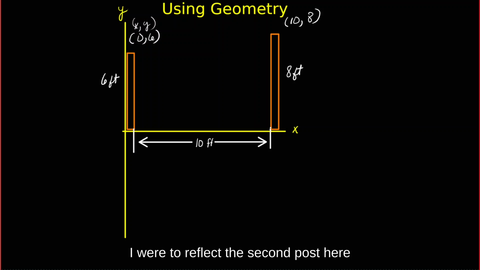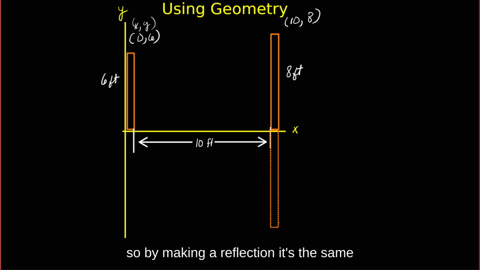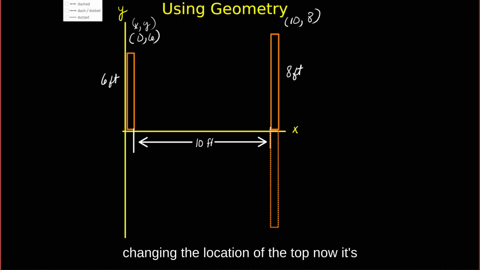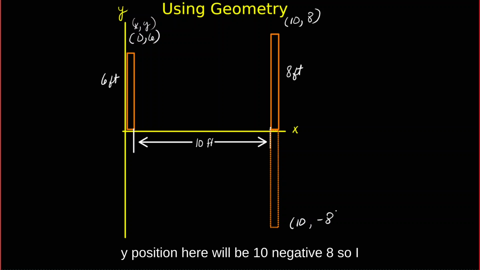If I reflect the second post, it's the same length, but I'm changing the location of the top. Now it's all pointing toward the bottom, so my XY position here will be 10, negative 8.